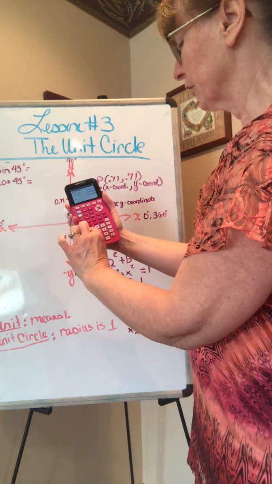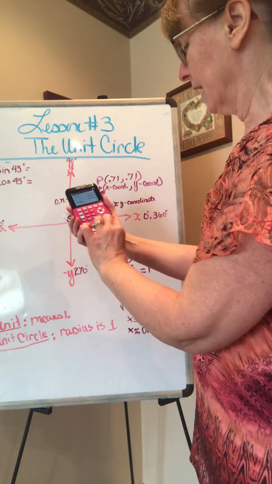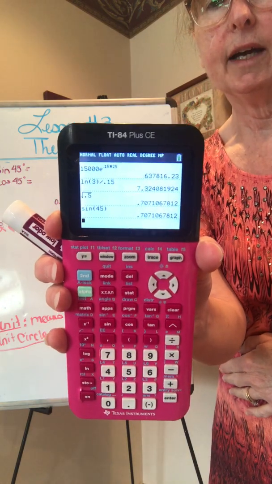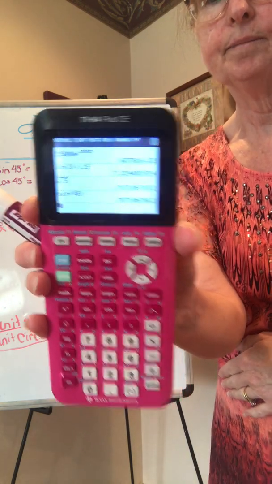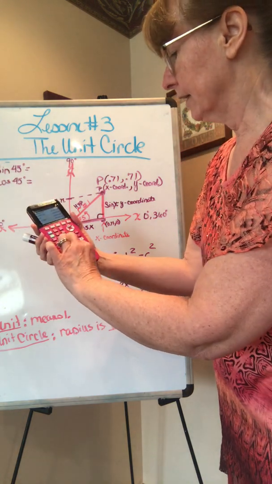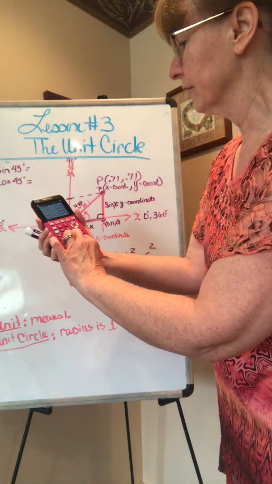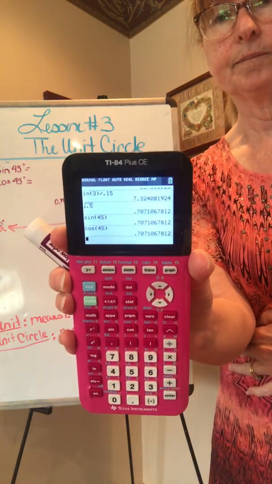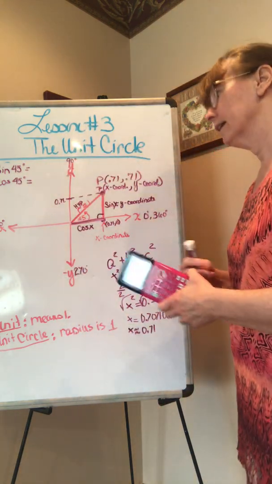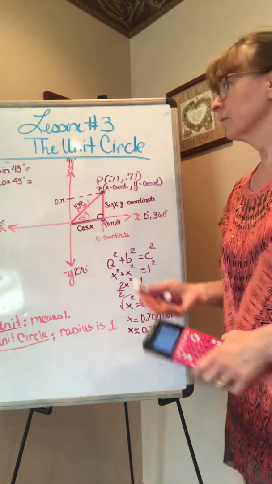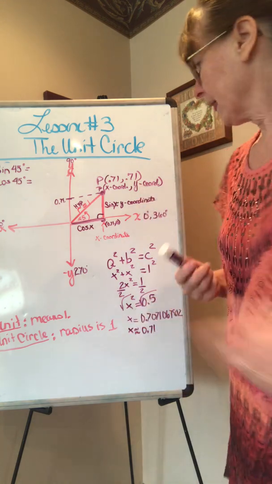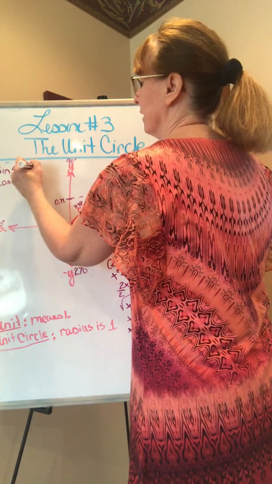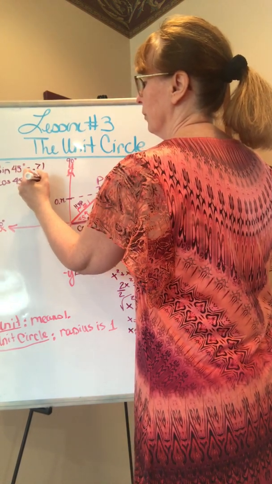So if I put the sine of 45 degrees and I hit enter, look, I get the exact same number I got when I used the Pythagorean theorem. And if I did the cosine of 45 degrees, enter, I get the same thing. So it's kind of neat. The tie-in is really, really neat. Now, so this would be 0.71 and 0.71.